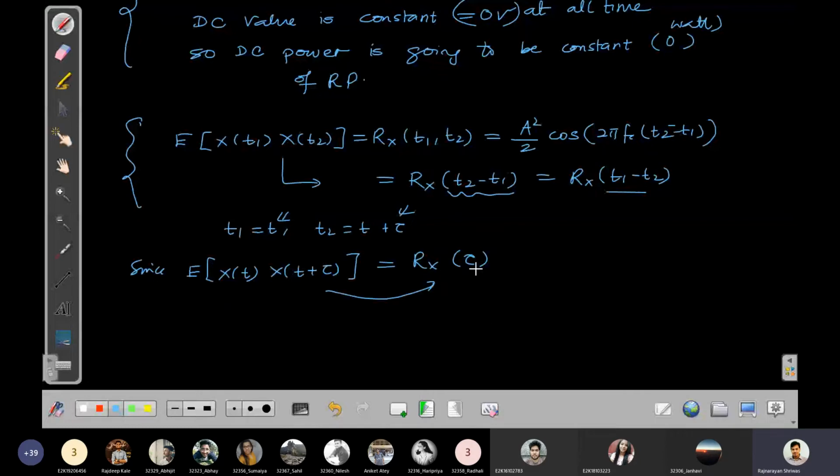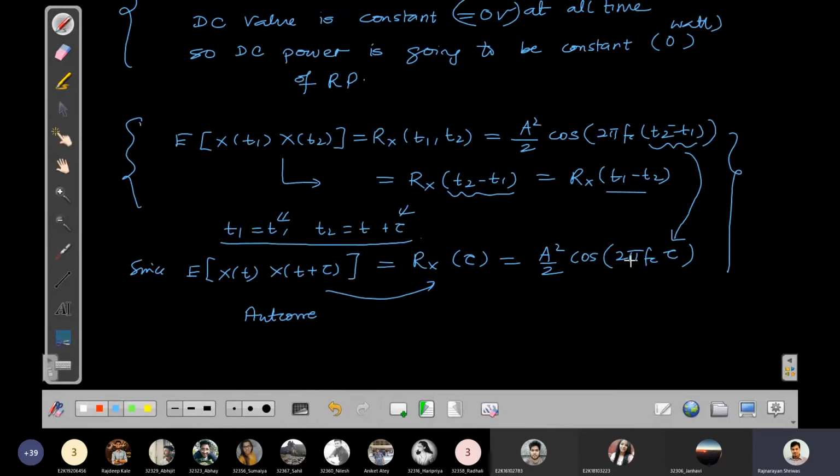So this is A square by 2 cos 2 pi fc tau in the example, since t2 minus t1 is nothing but tau now. Both are the same.